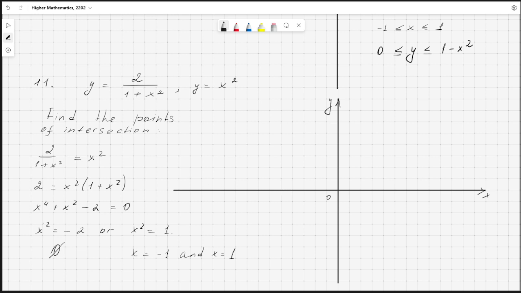Consider the first line, y is 2 over 1 plus x squared. If x is -1 and if x is 1, y is 1. Okay, these 2 points.